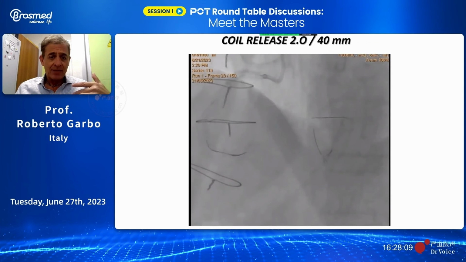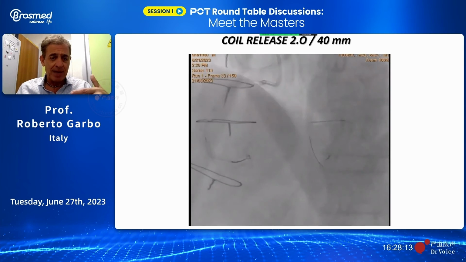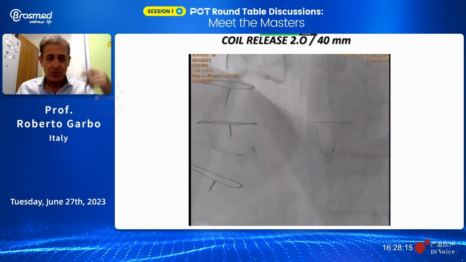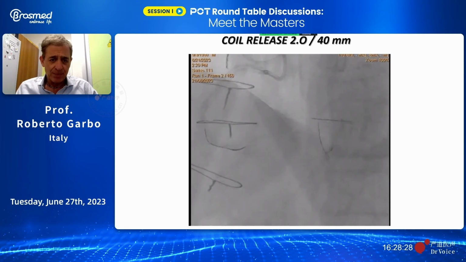So I advanced the Gladius inside the hole, I advanced the Turnpike Spiral, and then I put in a detachable 20 millimeter by 40 millimeter Microvention coil. This is the time of deployment of the coil inside the perforation.